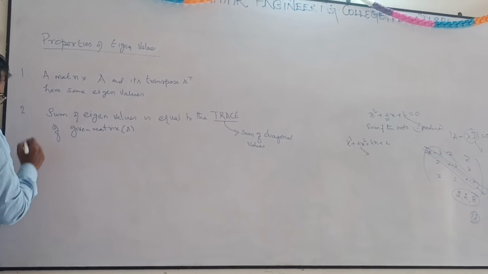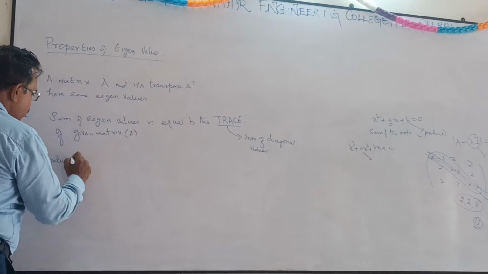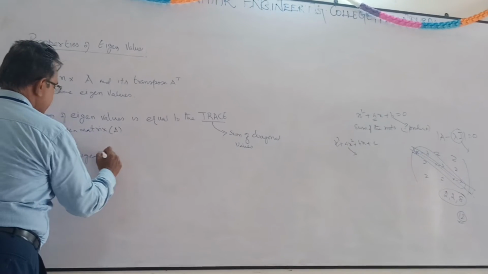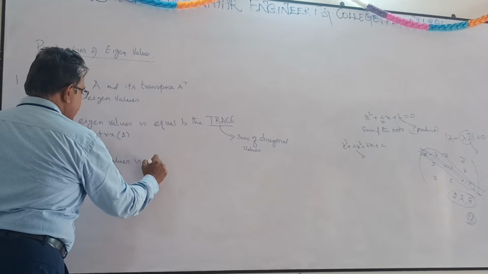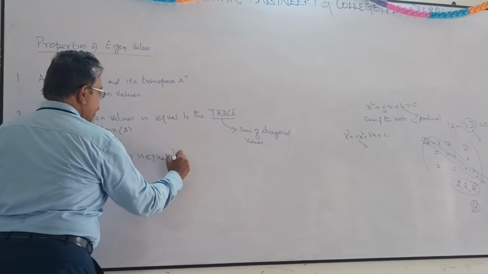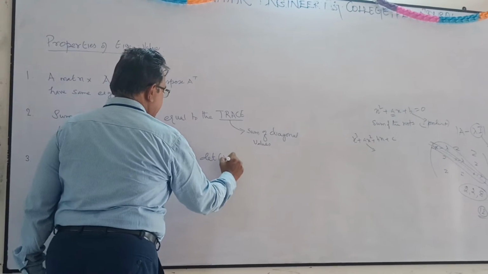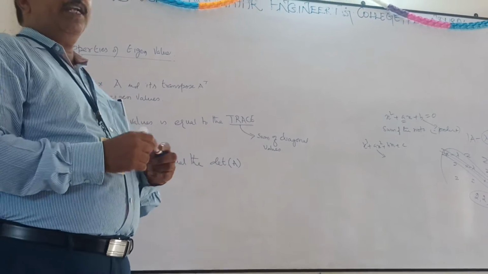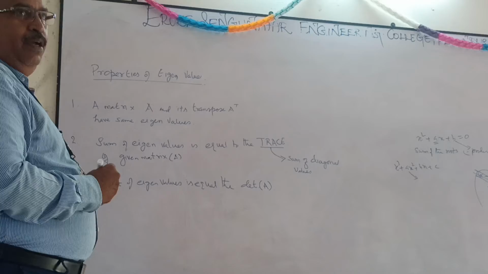Third one. The product of eigenvalues is equal to the determinant of A. So the product of the eigenvalues is equal to the determinant value of the matrix.